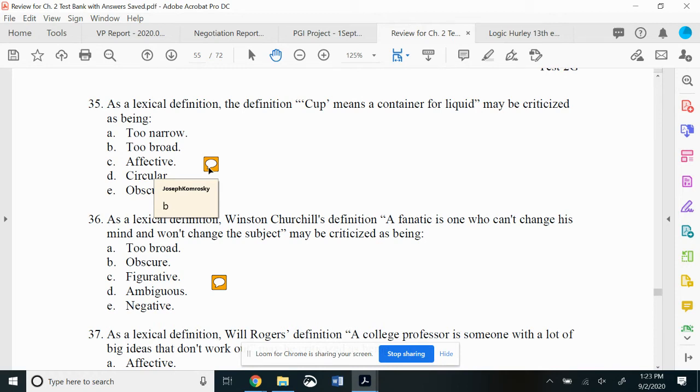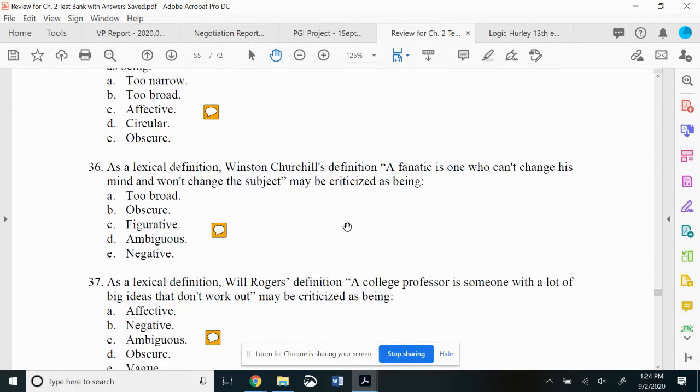But this is B, too broad. When something's too broad, you need to take off. You need to include less. So something's too broad and you want to make it more specific, you take off something. Yes, let's move on to 36.